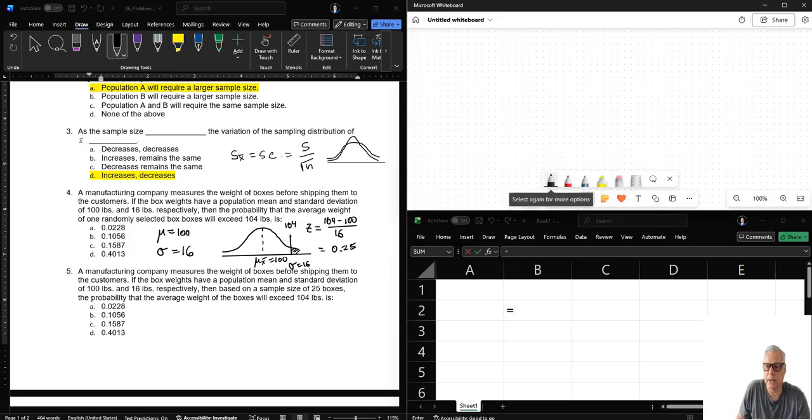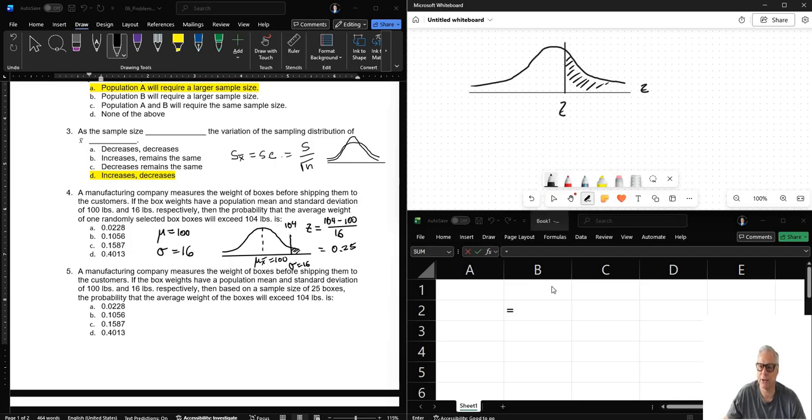So again, what we now need is, we have a z distribution, and we need to know the area to the right of 0.25. And of course, it's the same as the area to the left of negative 0.25.